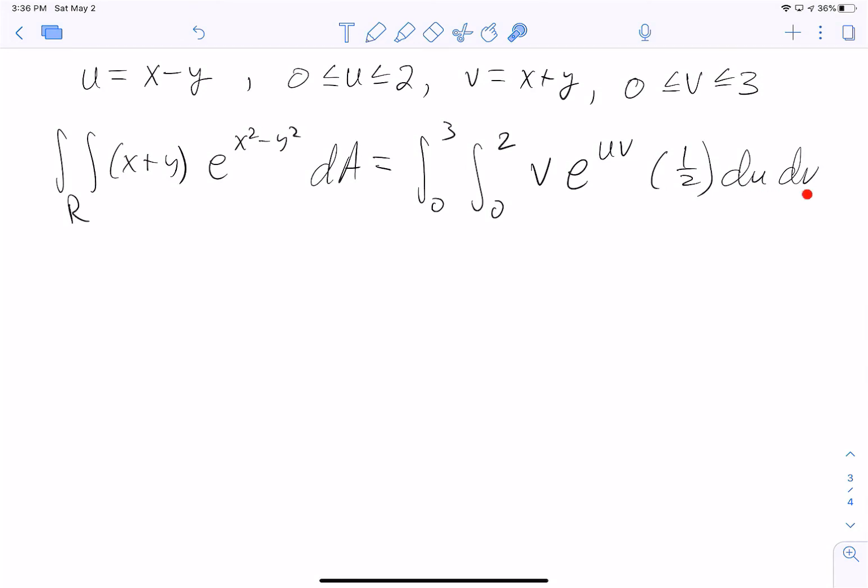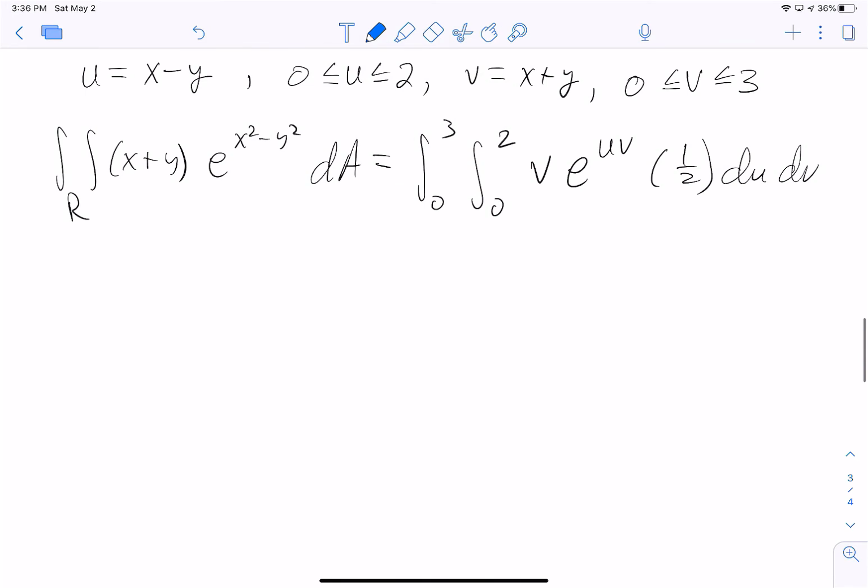Given that order, du dv, we're first going to integrate with respect to u. For that, I want to consider integration by substitution. If I let t equal e to the uv, then dt will equal v e to the uv du.